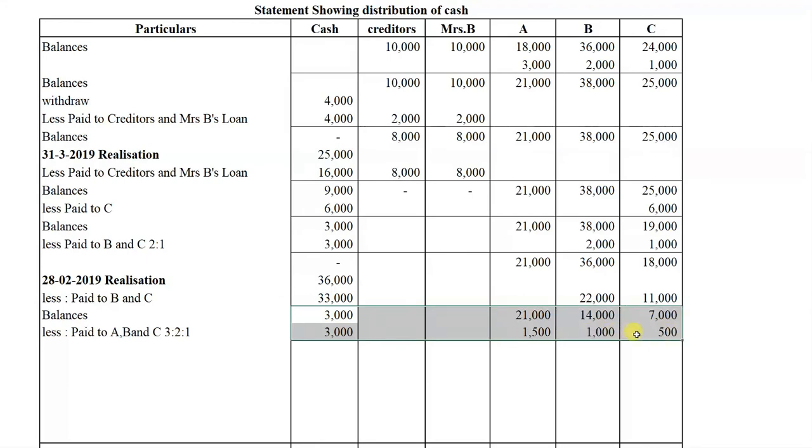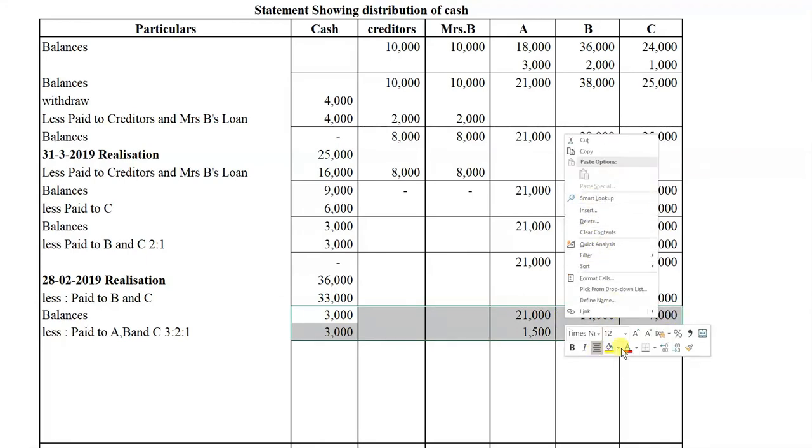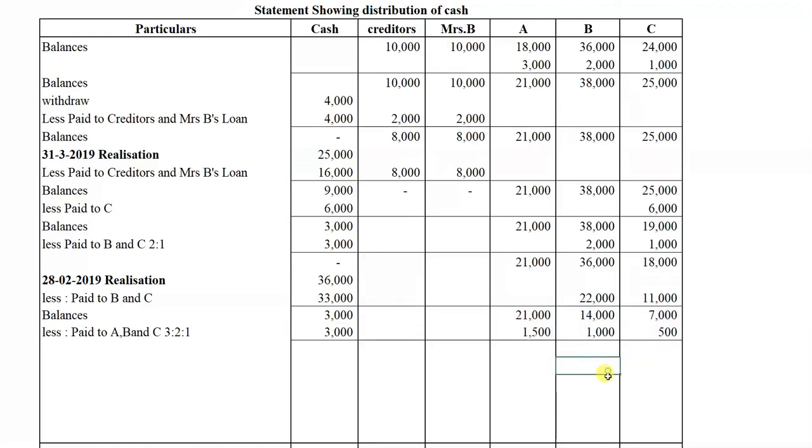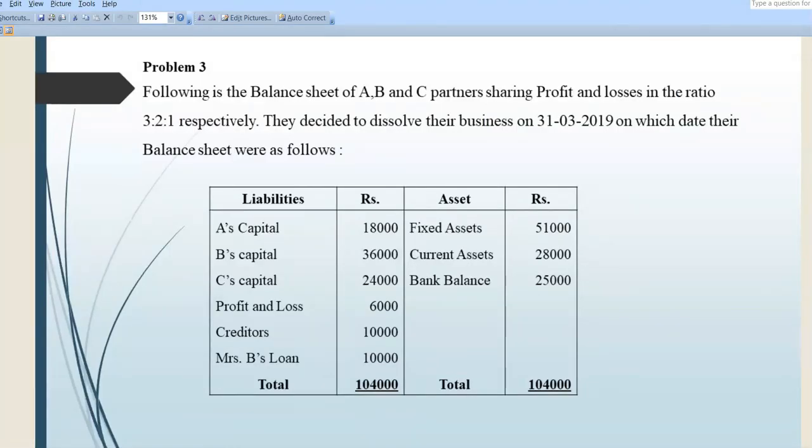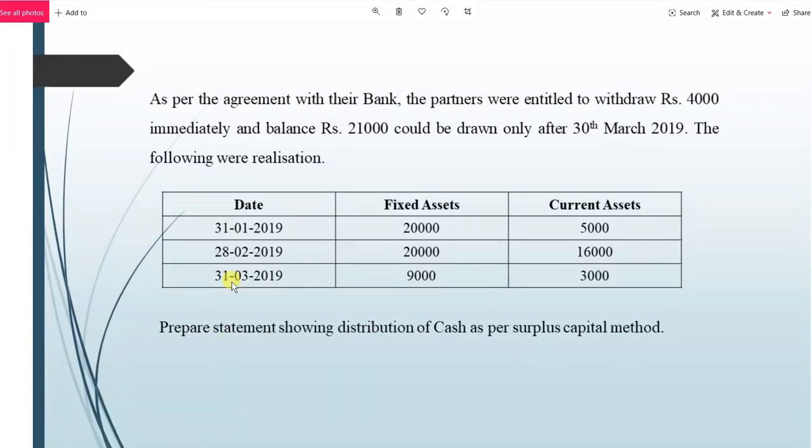We will subtract it from 6,500, then 13,000, then 19,500, and here is 0 balance. We will take another realization. So the last realization is on 31st March 2019, 9,000 plus 3,000, 12,000.